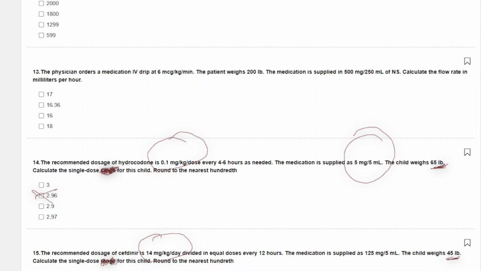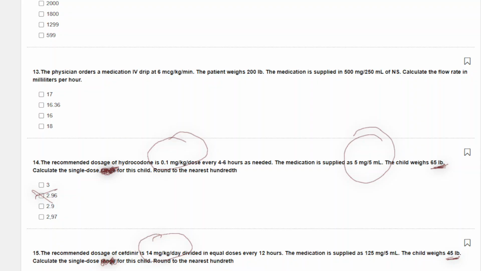Get 45 divided by 2.2. Now you got 20.45. Go ahead and multiply that by 14. Now once you multiply that by 14, that right there is your daily dose. But since you have to divide that equally every 12 hours, you have to divide that by 2.